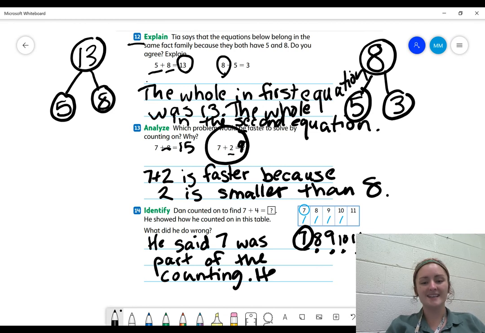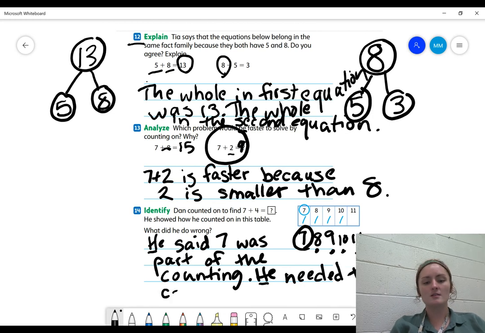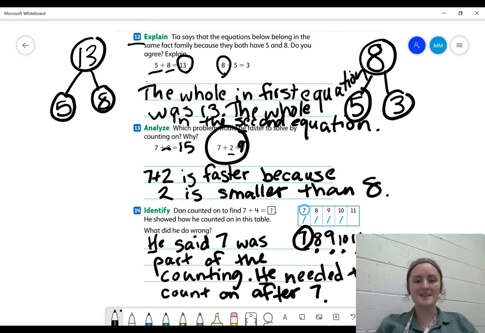He needed, notice I'm starting with uppercase letters, ending with punctuation. He needed to count on after 7.